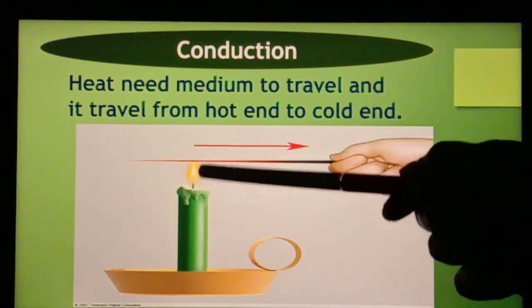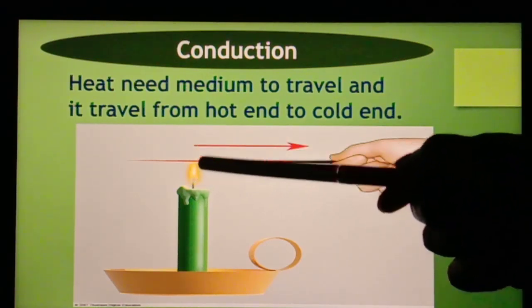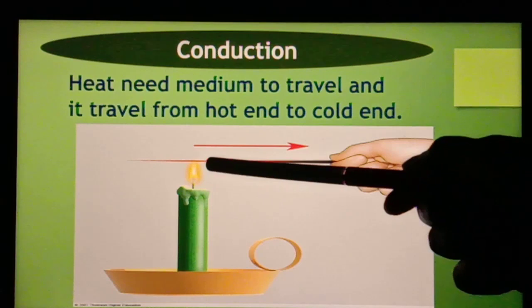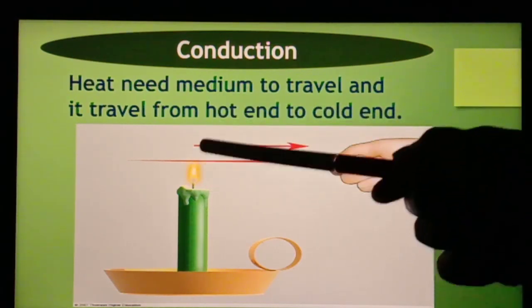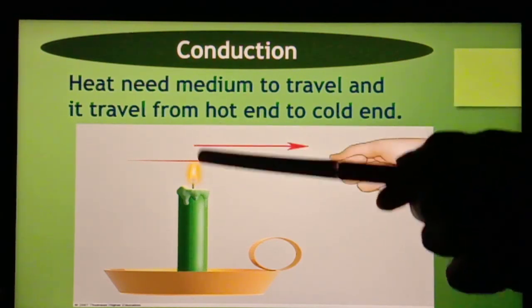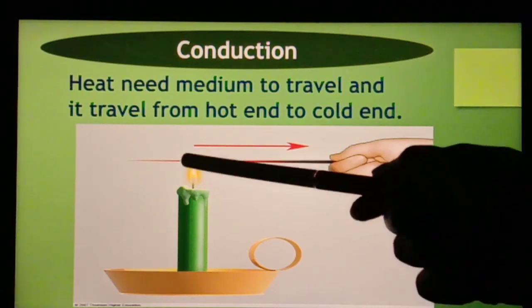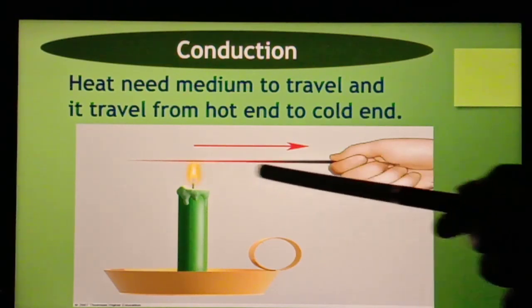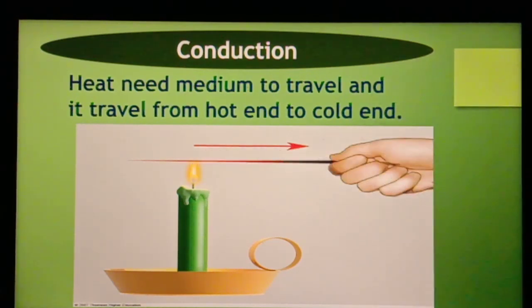Now let us have the heat transfer from the candle to one end of the iron rod. You will observe that the end of the iron rod which is on the candle will easily get the heat. But slowly and gradually it will transfer the heat from one end to the other end, from the hotter end to the colder end.